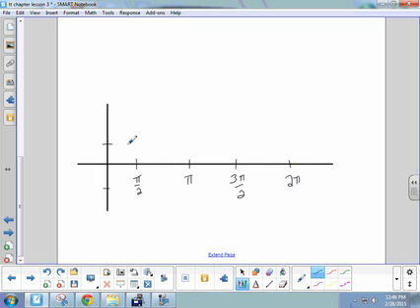So if I were to sketch my sine graph, it would be 0, max, 0, min, 0. So that right there is sine.